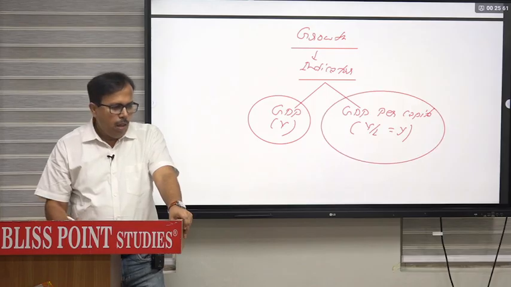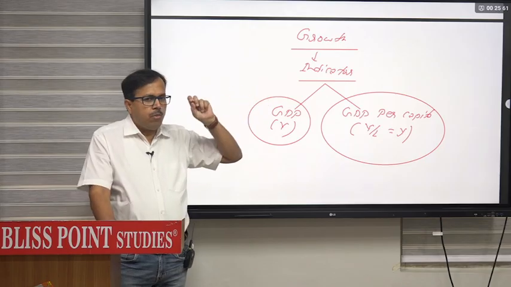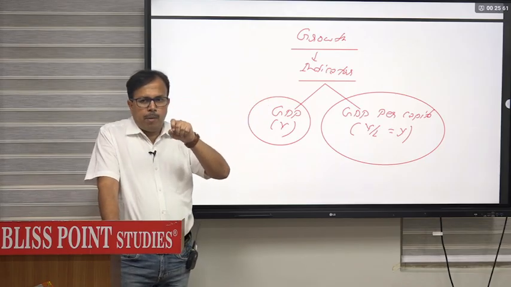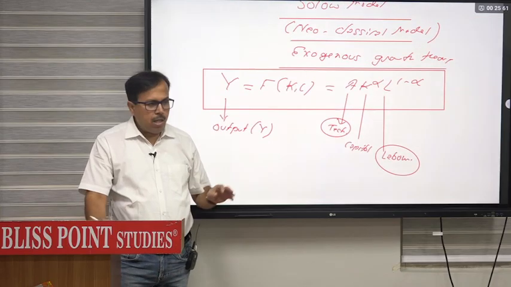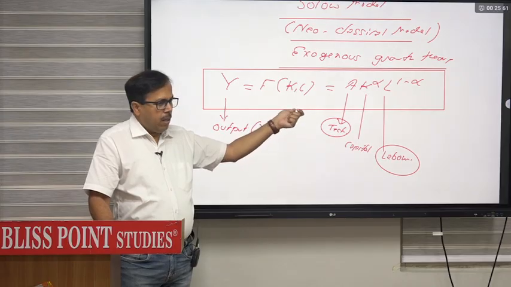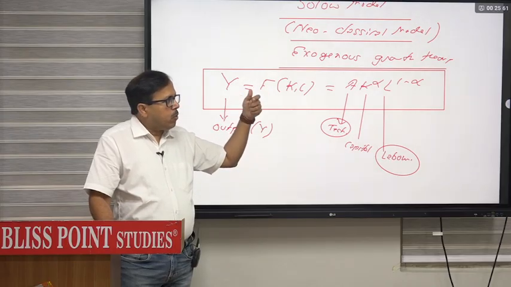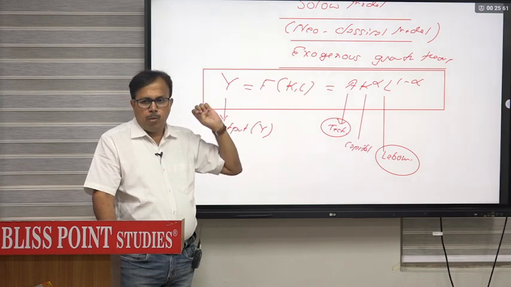Clear? So in the initial part, you have written that Y is a function of capital, labor and technology, that is, GDP is a function of A, K and L. But we are more interested in knowing the growth of GDP per capita. So can you calculate GDP per capita from here?